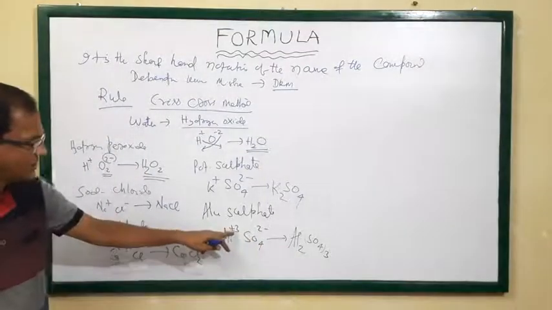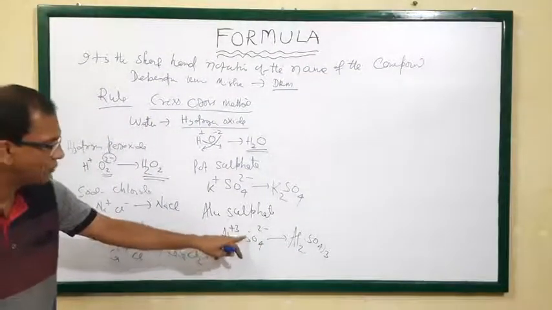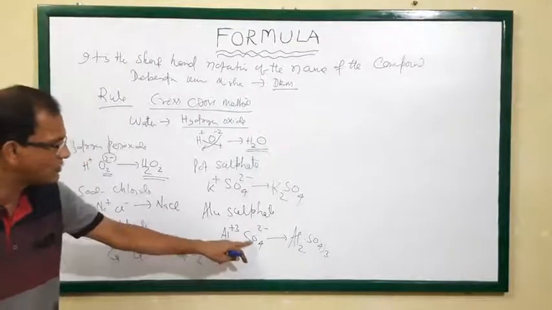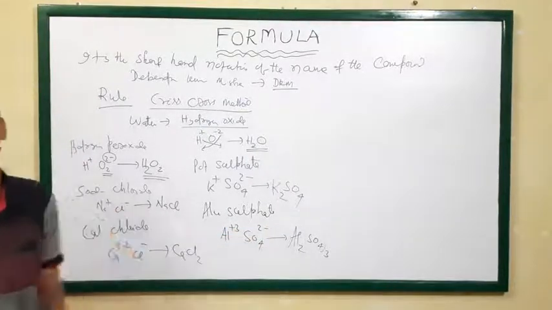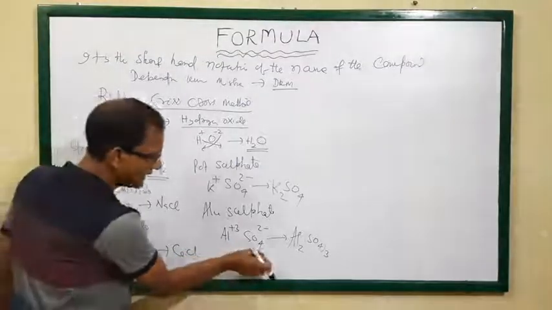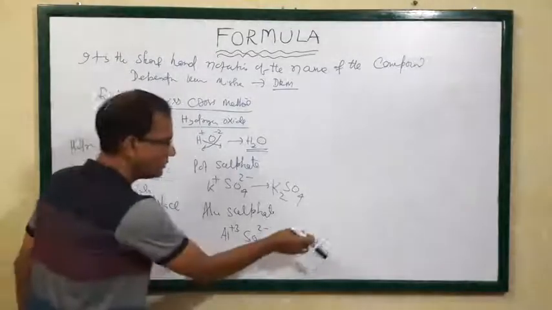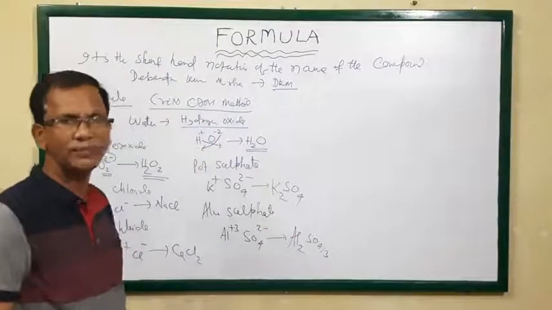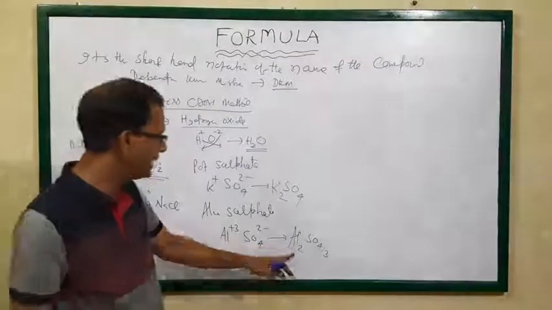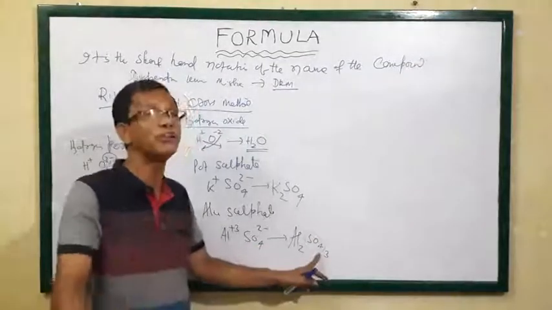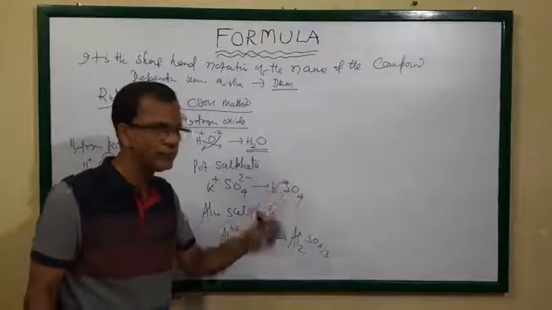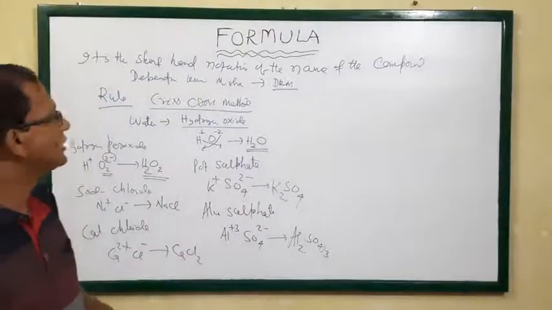Valency will be exchanged. 3 will be on this side. If you write without a bracket, it will be SO43, that is wrong because sulfate is a single unit. More than 1 means the bracket will be used, only for polyatomic ions. So Al2(SO4)3. That is the aluminium sulfate.